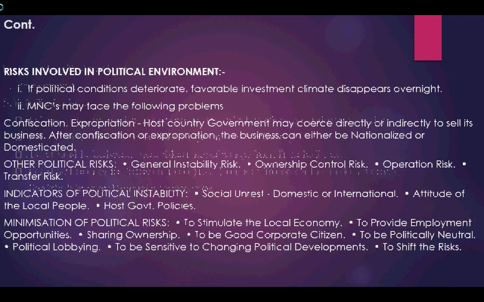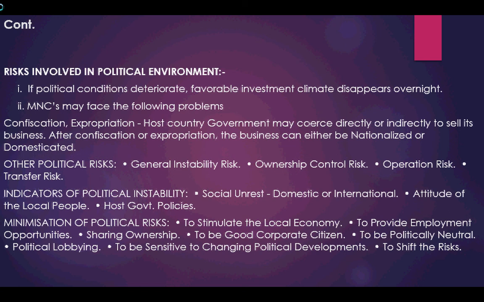What is the risk involved in the political environment? As we have gone through, the political environmental factors are uncontrollable and cannot be expected. Therefore, there is a risk involved for multinational companies when they are dealing with different political backgrounds.